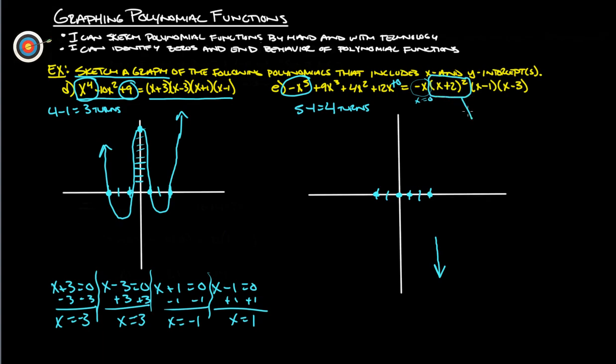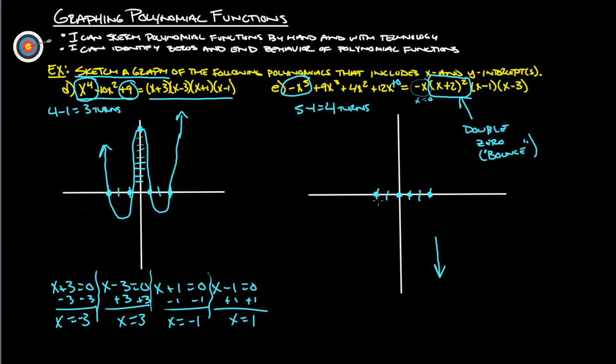Okay. Now, here's one big key on this one here. This one right here is what we call a double 0. Meaning, if it's a double 0, it's going to bounce. It's going to bounce at x equals negative 2.